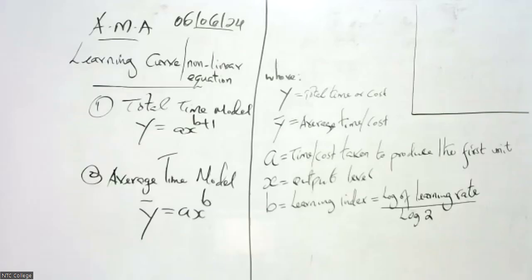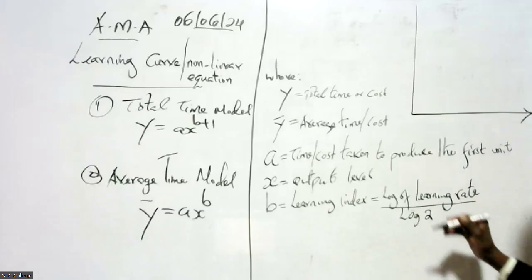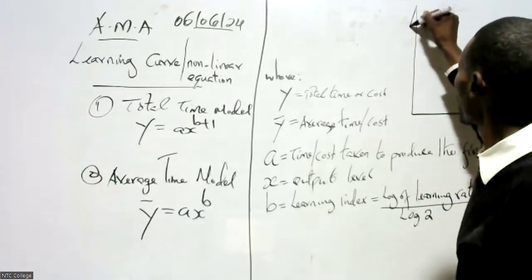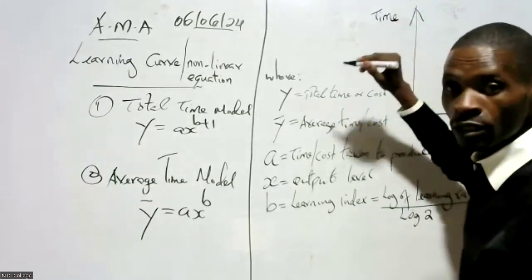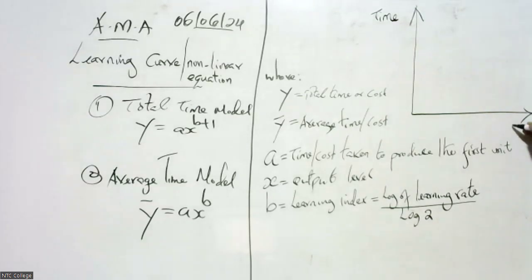We have the x-axis and then we have the y-axis. On the y-axis there is time, and on the x-axis we abbreviate units, or output.